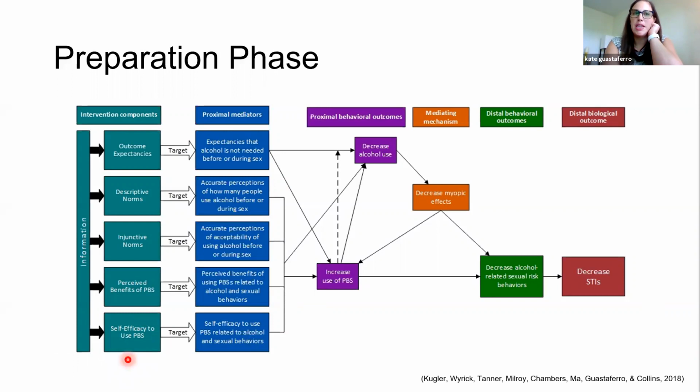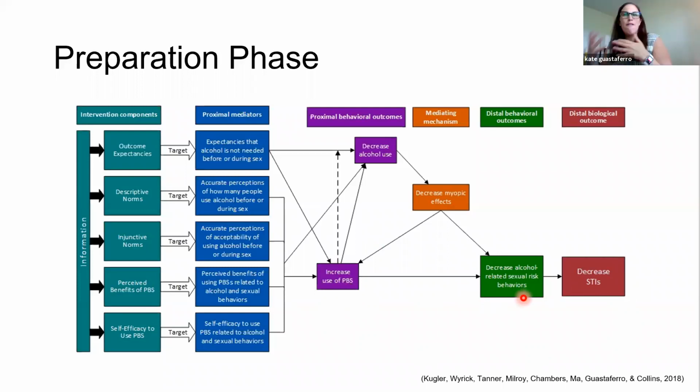Self-efficacy to use protective behavioral strategies was designed to increase the use of protective behavioral strategies, which would decrease alcohol use, decreasing myopic effects, and therefore decreasing alcohol-related sexual risk behaviors, ultimately leading to the reduction in sexually transmitted infections. And the increased use of protective behavioral strategies would directly decrease the alcohol-related sexual risk behaviors.